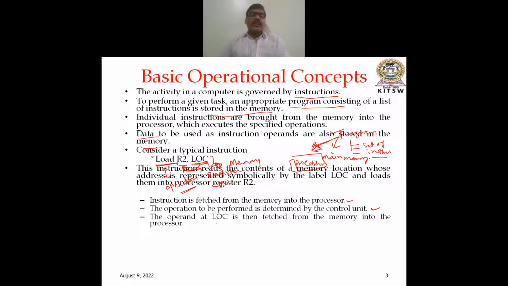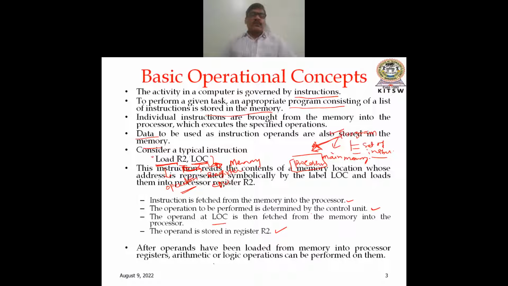The operand specified in this instruction is LOC, and it is fetched from the memory into the processor and stored into the register R2. After operands have been loaded from memory into processor registers, the arithmetic or logic operations can be performed on those operands.